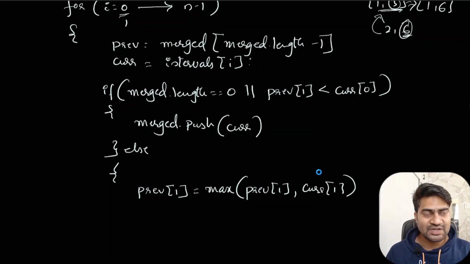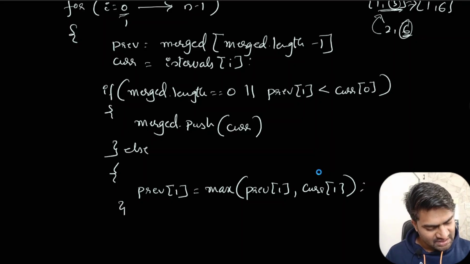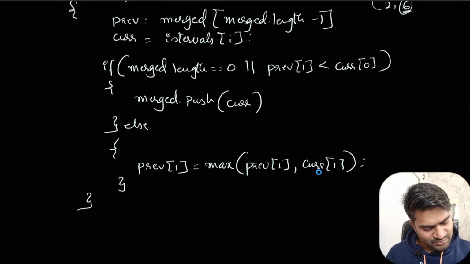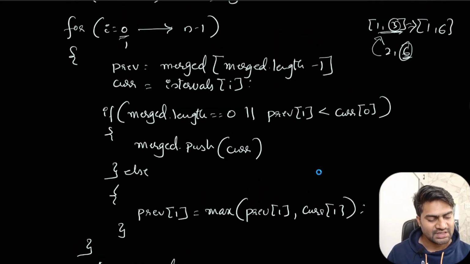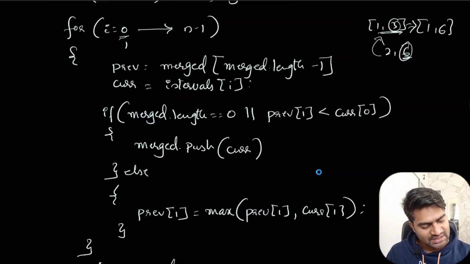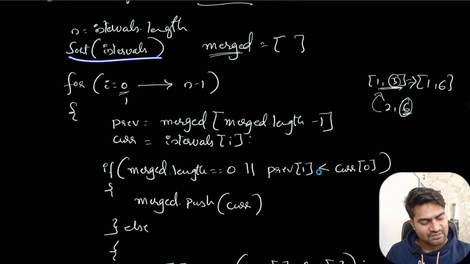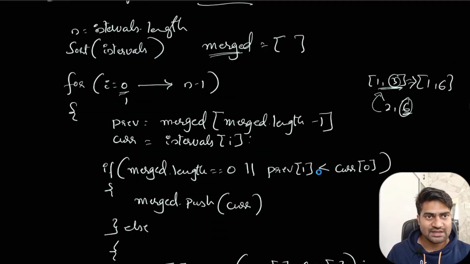So this will simply update the max value. Then finally, after processing, we will return our merged. So if you see, we are able to merge in only a single iteration, and it happened only because we were able to sort the intervals.